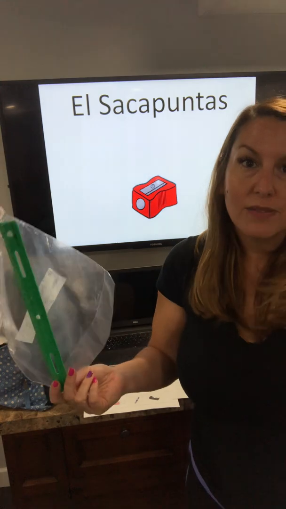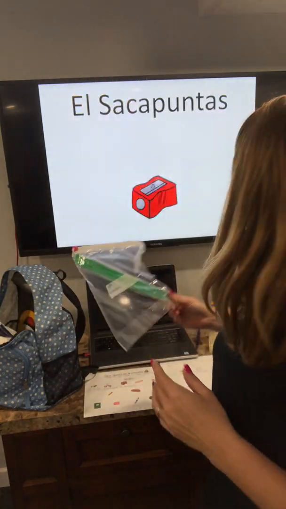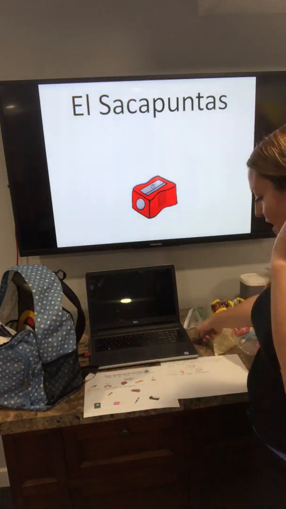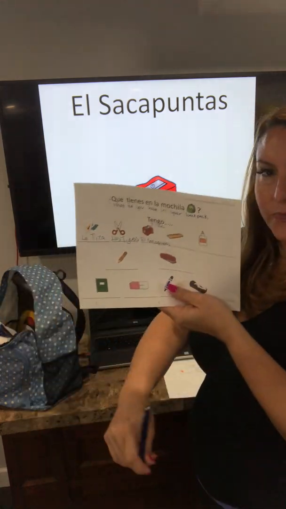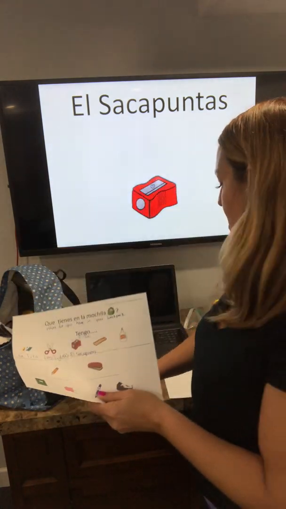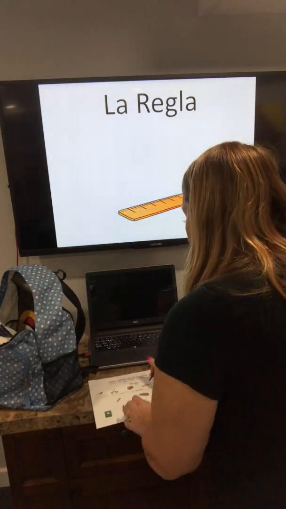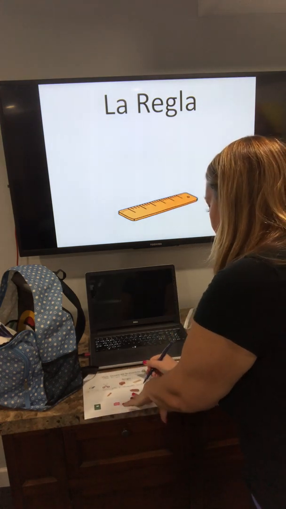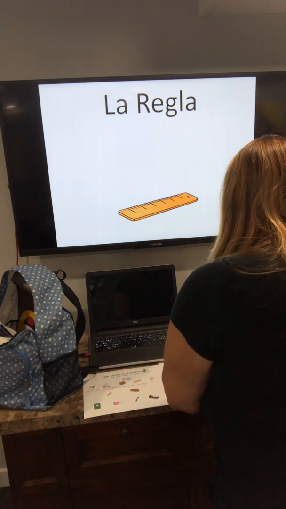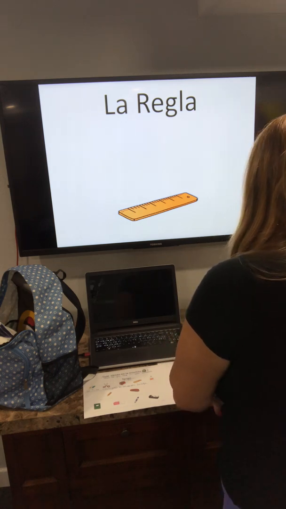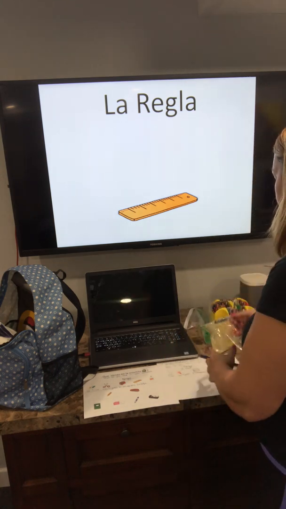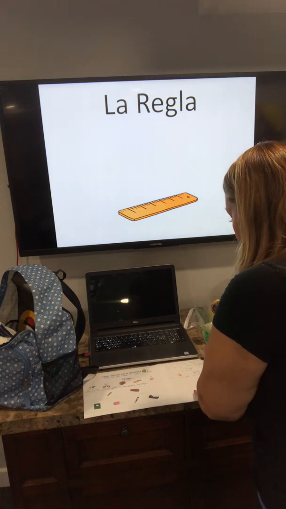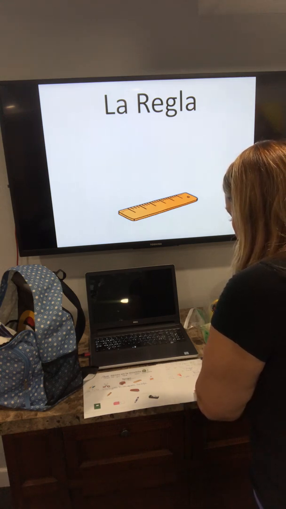Both start with R. I don't know if that helps you. Okay, so on your paper, find your ruler. And you're going to write la regla, la regla. Now, if you don't have a paper, you're going to draw la regla.